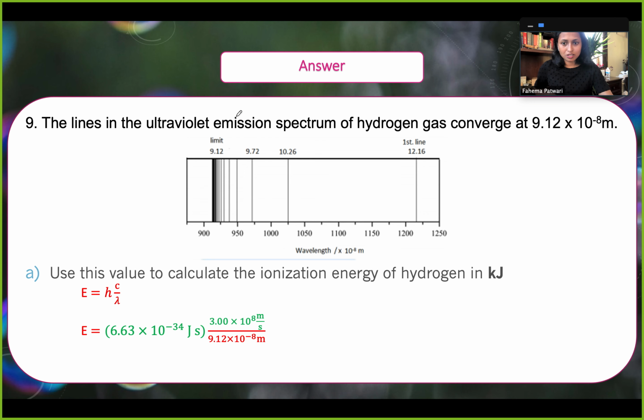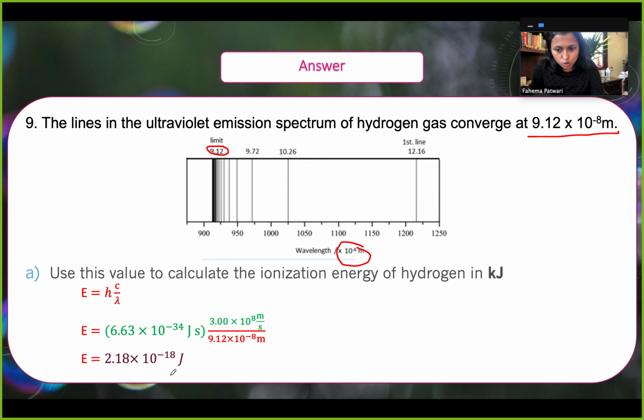We see that the limit is at 9.12 times 10 to the negative 8. The information was given to you here, but if it wasn't given to you, you should be able to figure it out by looking at where the limit is and what the units are. So plug it in, calculate, and that's how much energy is required to ionize hydrogen gas.